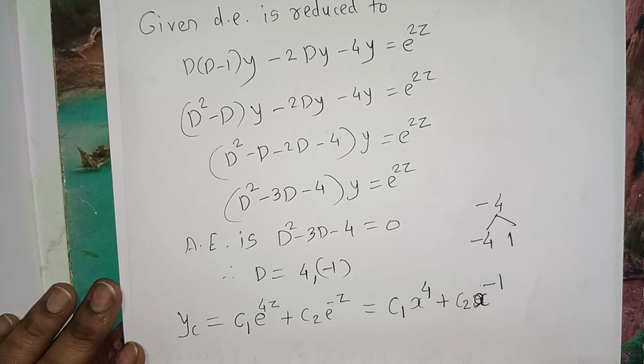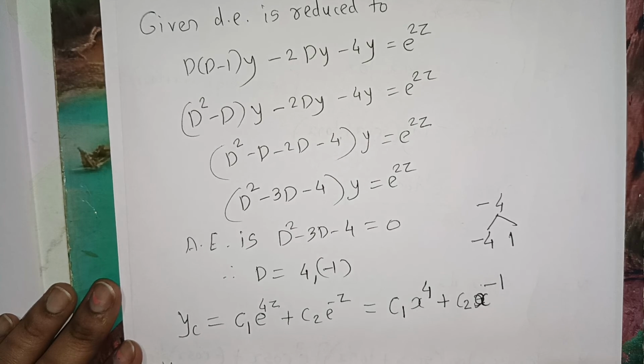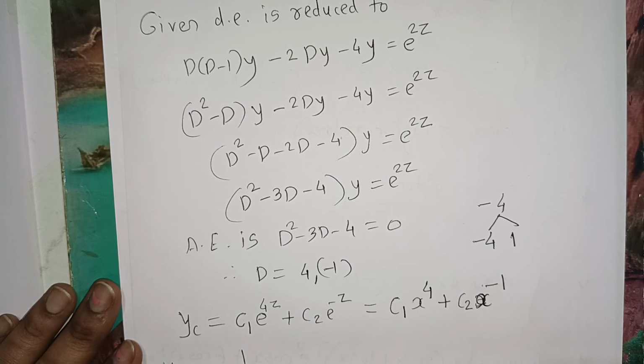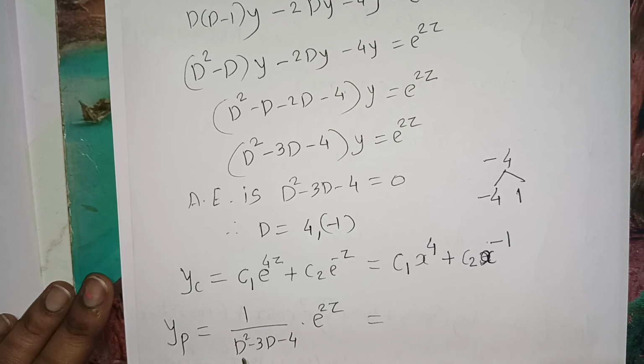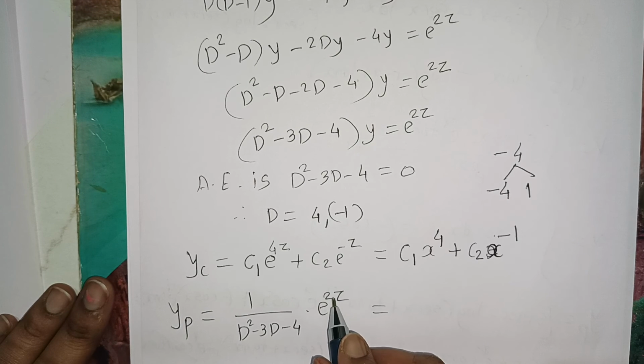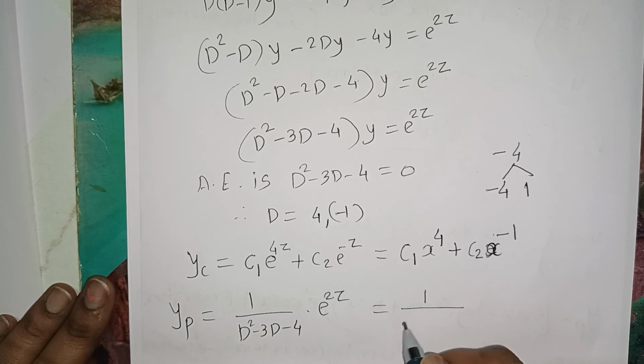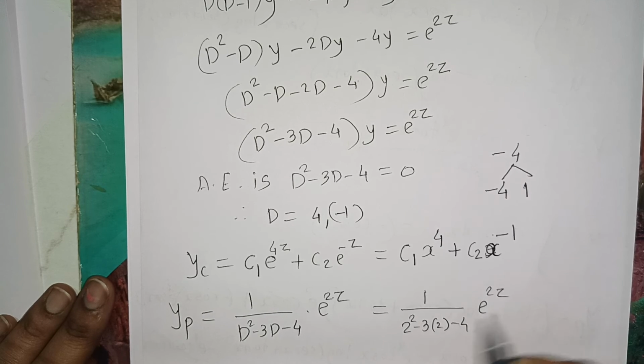Similarly, to find yp: 1 upon D square minus 3D minus 4 operating on e raised to 2z. In case of exponentials, we replace D by the coefficient in the power, so we replace D by 2. So 1 upon 2 square minus 3 into 2 minus 4, e raised to 2z.